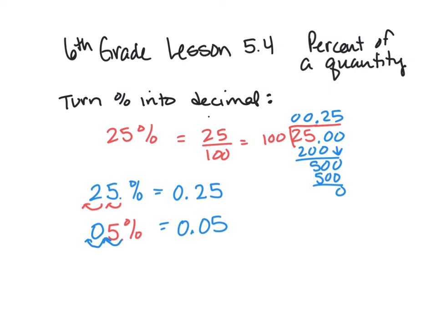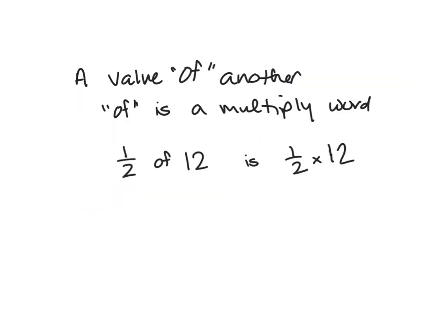The other thing I want to point out is a value of another number. In that, of is a multiply word. Let me explain that better. What I'm trying to say is a value of another value. In that sort of scenario, of is a multiply word. Here's an example. 1/2 of 12 is the same as 1/2 times 12.